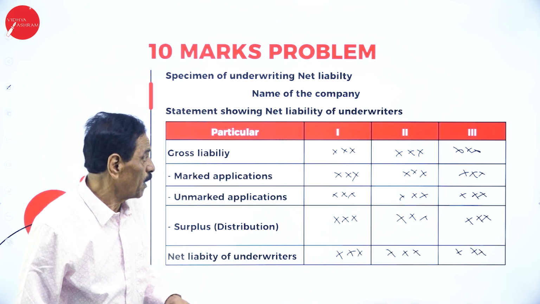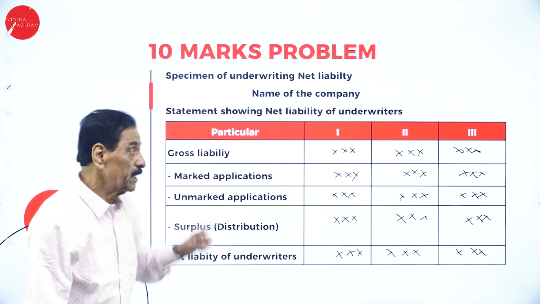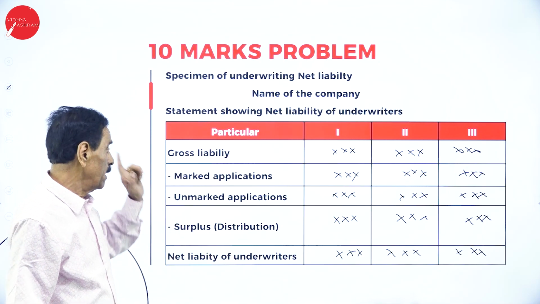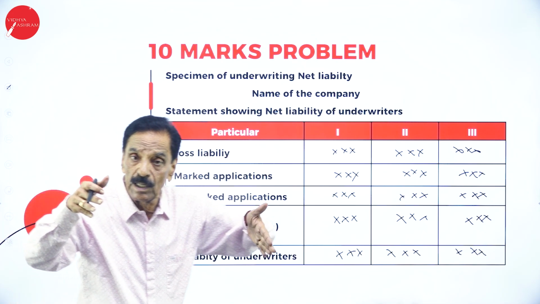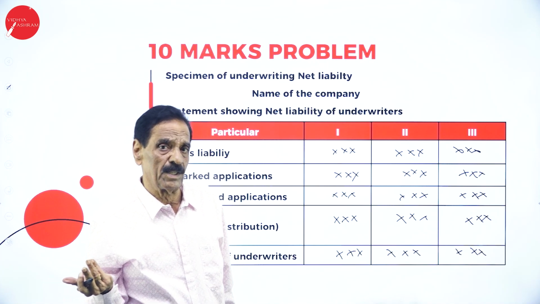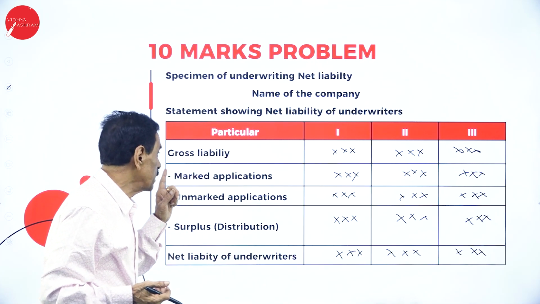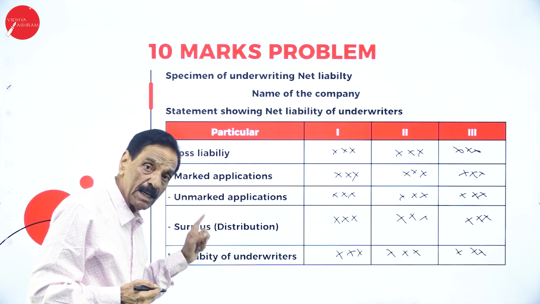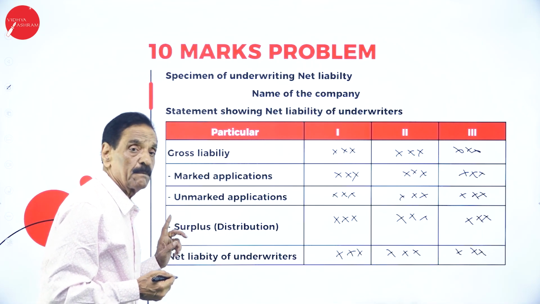While you are solving the problem, you will understand this. This case is very important. Without firm underwriting, we must be careful. Total application includes marked application or unmarked application. So the format is gross liability minus marked application minus unmarked application minus surplus.